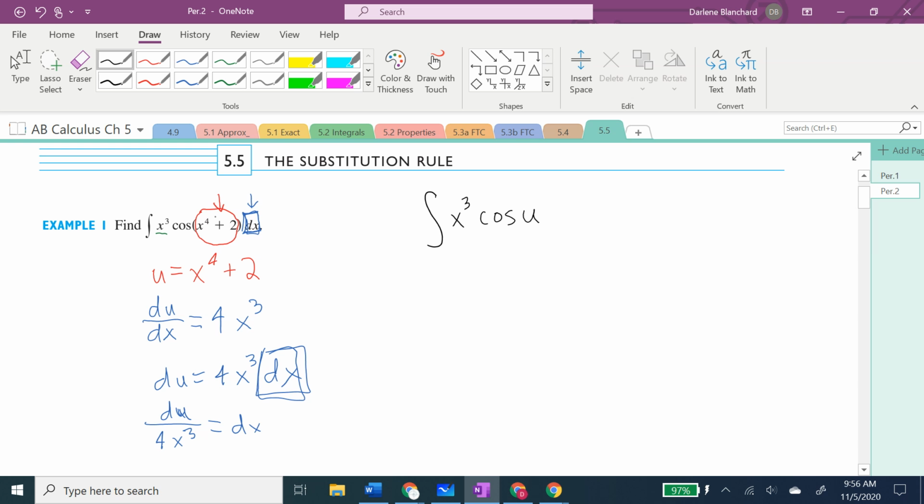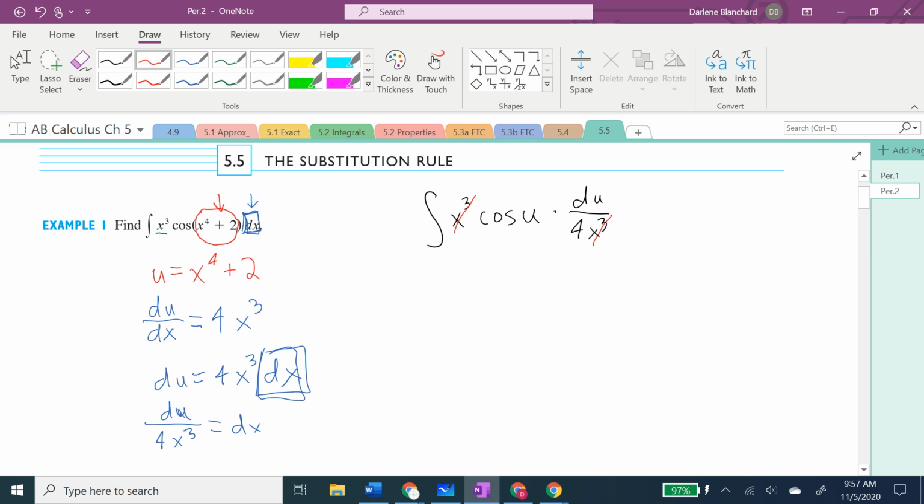So I substituted in the u. Now I have the dx, and I substitute into the dx, du divided by 4x cubed. And a miracle occurs. As if this problem was set up to make those x cubes cancel each other out. It's like the problem was made for u-substitution.